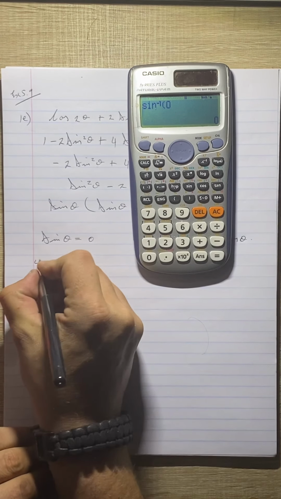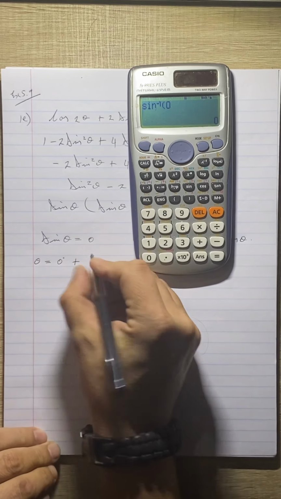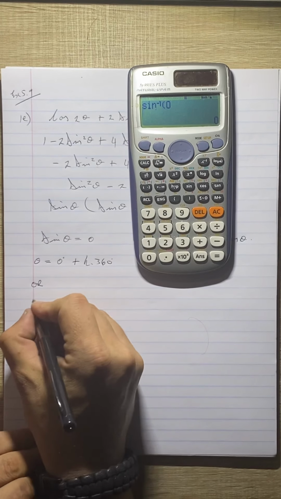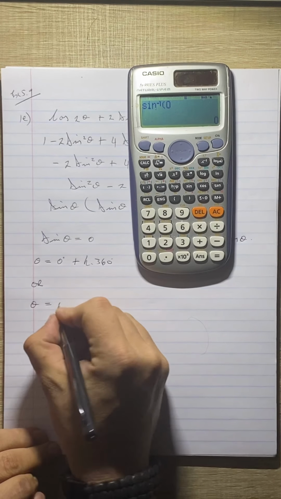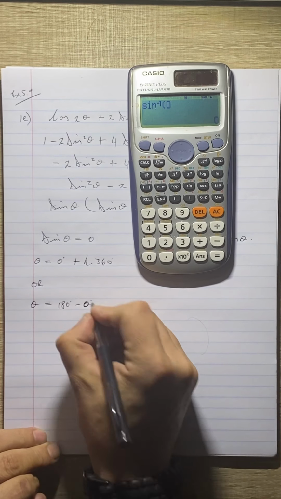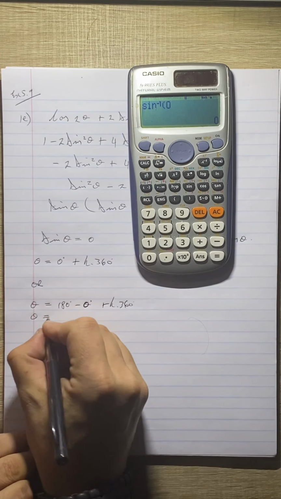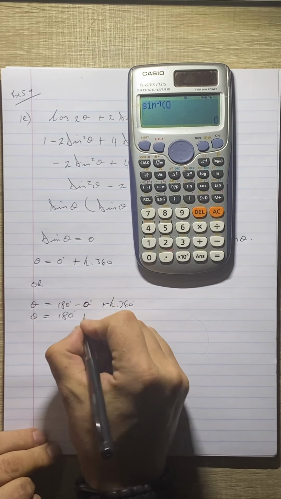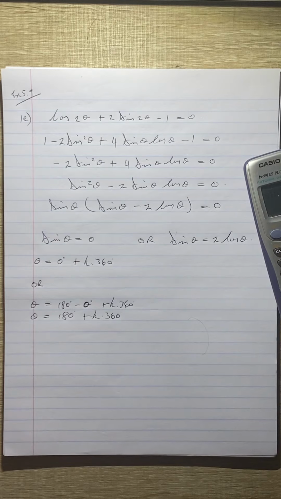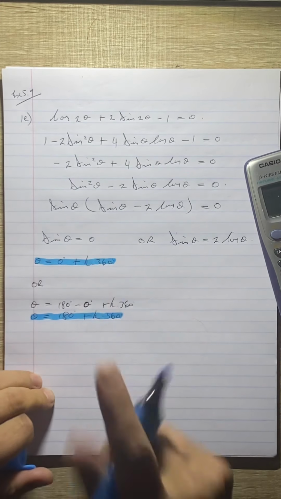The first one is theta is equal to our reference angle, which is 0 degrees, plus k360, or the other one is theta is equal to 180 minus our reference angle, sorry, it's 0, plus k360. So here we get theta is equal to 180 plus k360. So those are the two solutions here. That's your one solution for it, and that's the other solution for that one.